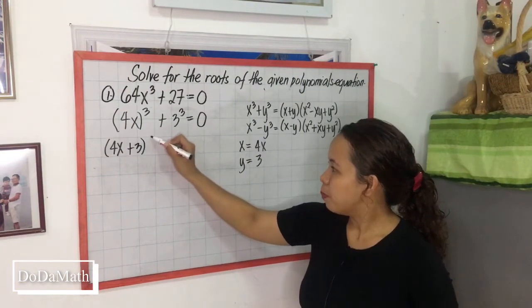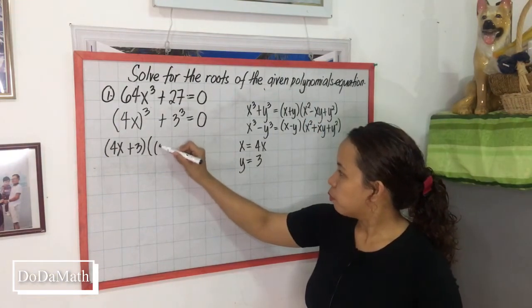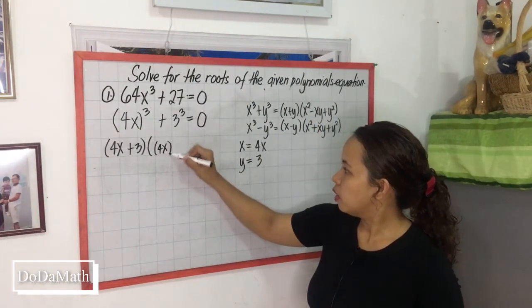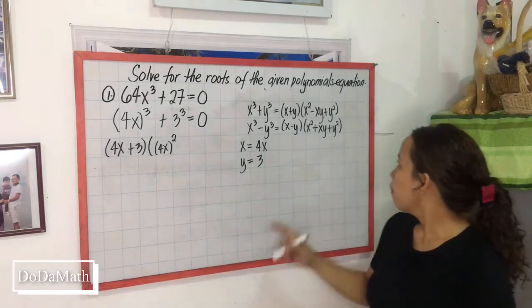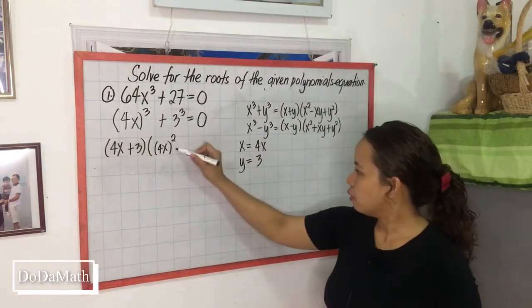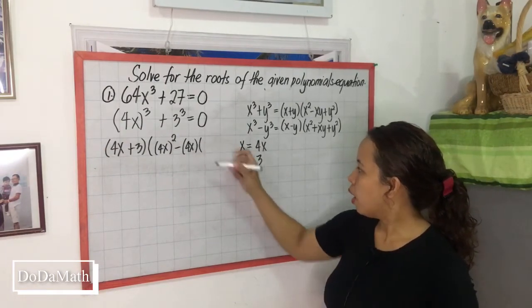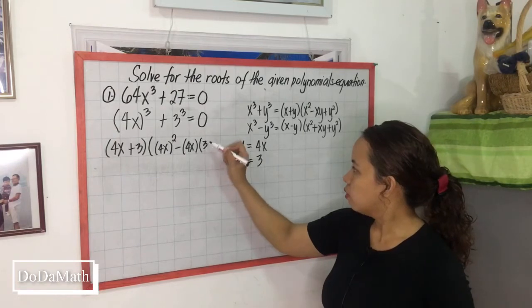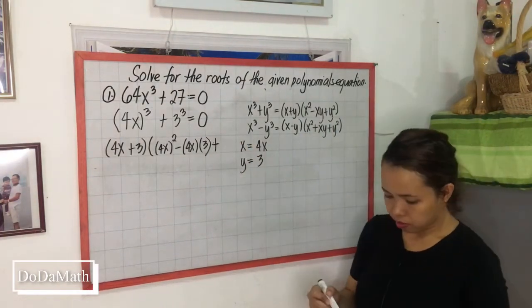Multiplied by, we have x squared here. So we can put 4x into a bracket, then raise to a power of 2, because that is x to the power of 2. Then minus xy. So that will be 4x multiplied by y, which is 3. And then plus y squared.